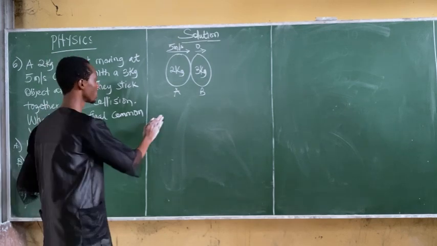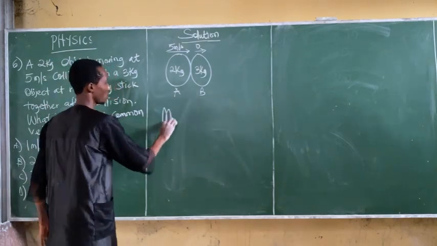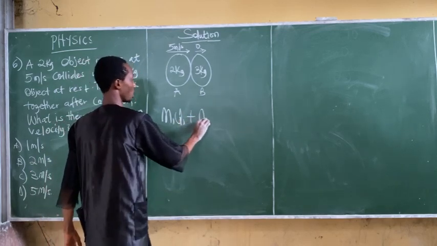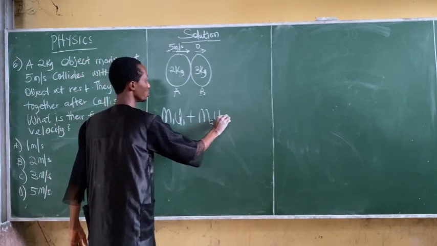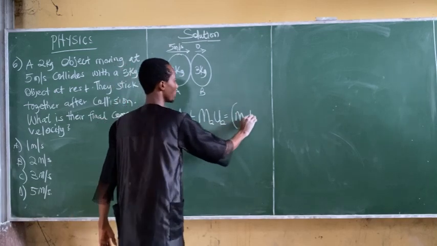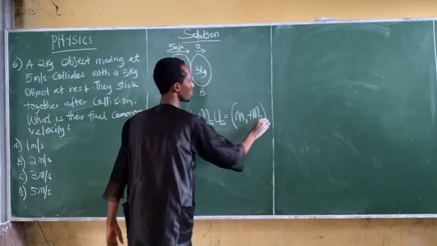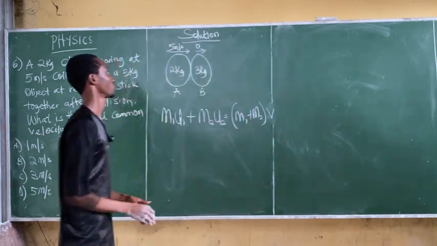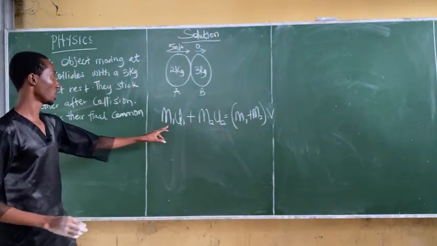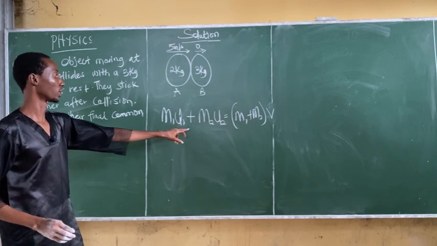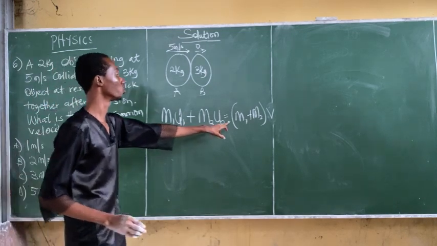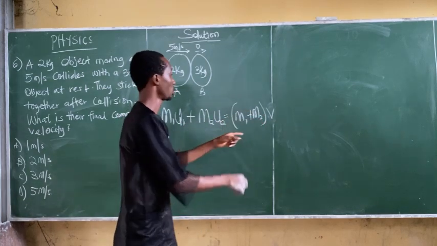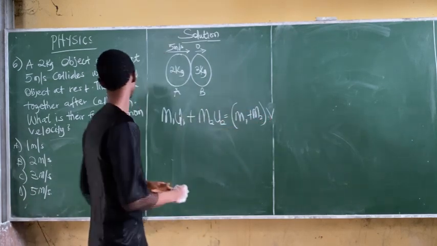And the formula says m1 u1 plus m2 u2 is equal to m1 plus m2, multiplied by v.